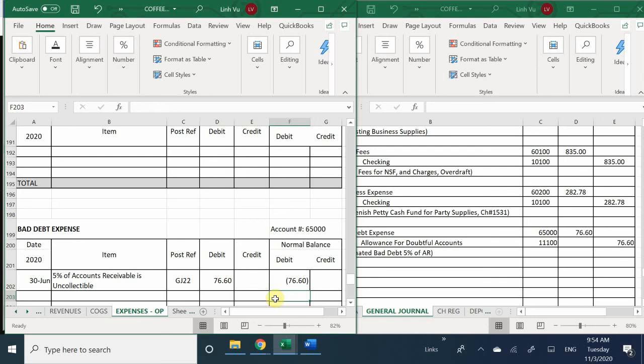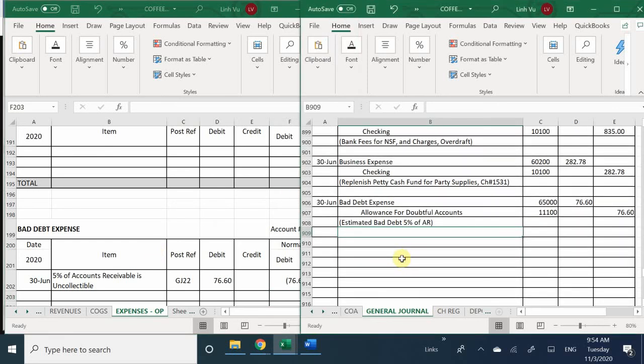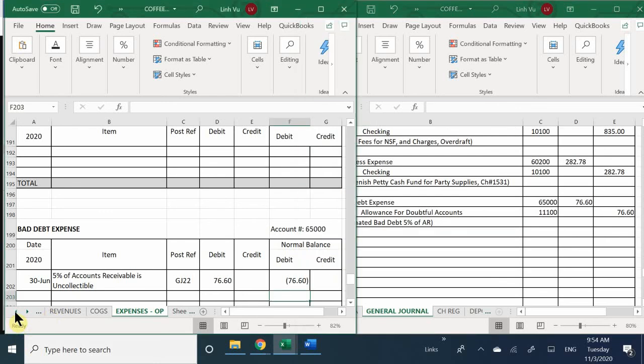Okay. And then where is our allowance for doubtful accounts? Okay, in the assets. Under what?